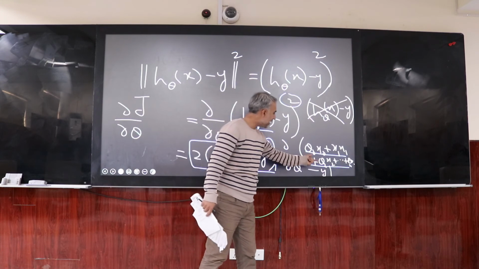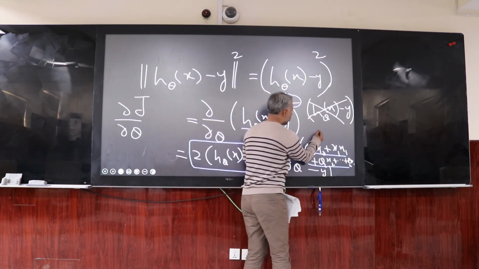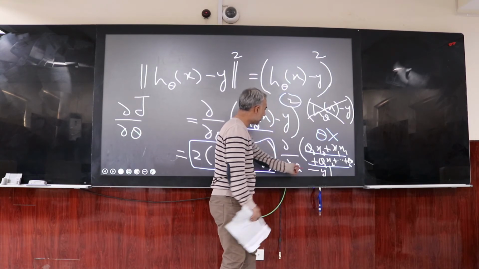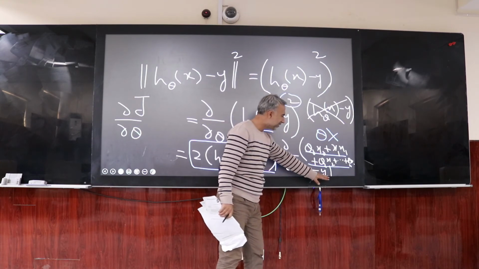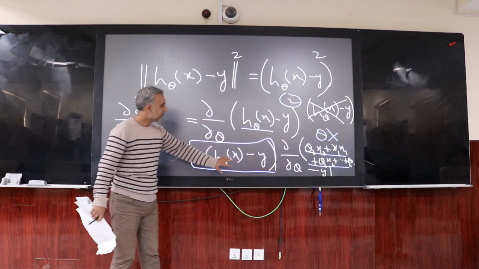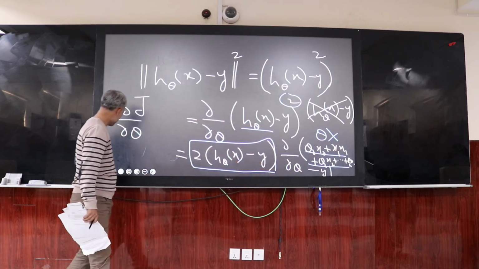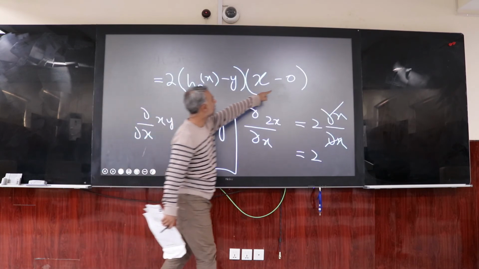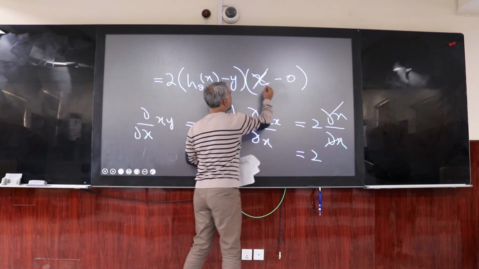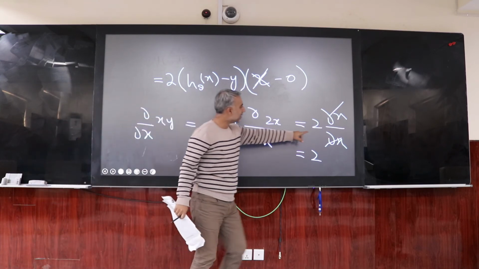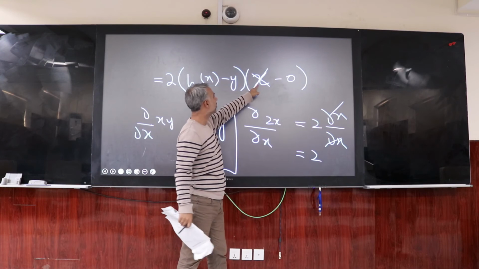Expanding this, we know this is equivalent to theta x, and minus y is not a multiple of theta, so we make it 0. In this case, theta is cancelled out, only 2 is left, and here only x is left.